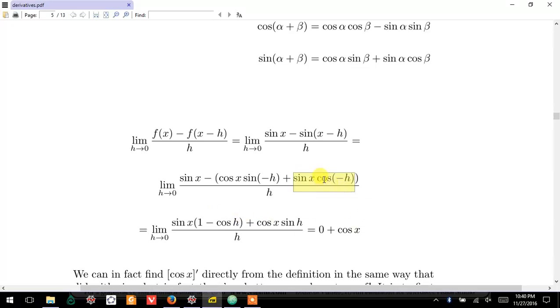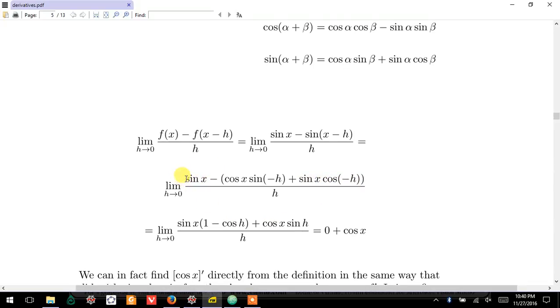That's this term here, which is sine x cos h, and over here, sine x. Keep in mind that you need to distribute the negative, so it's going to have a negative in between them, and then we factor out sine x. So that explains why you've got sine x times this thing, the result of factoring out sine x minus sine x cos h. So after factorization, you get this.